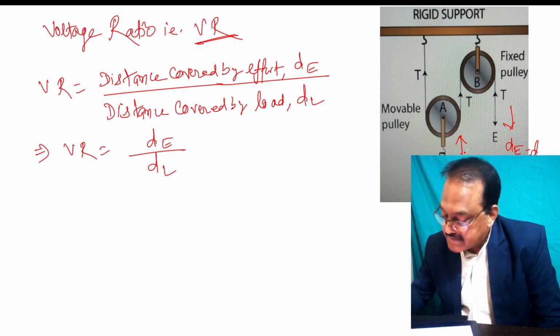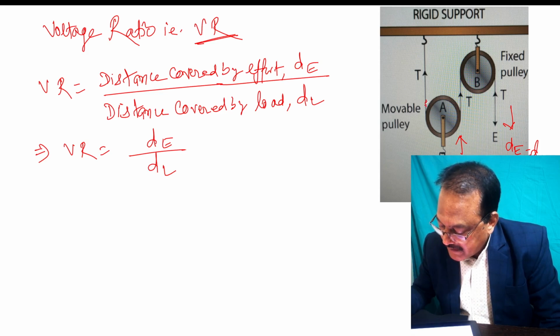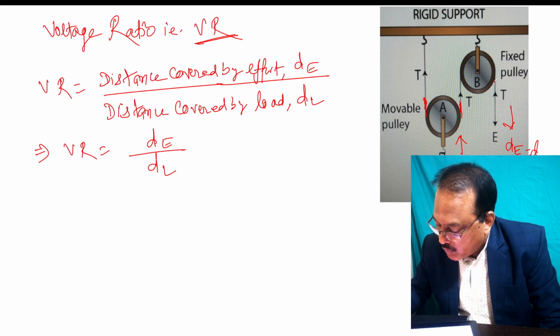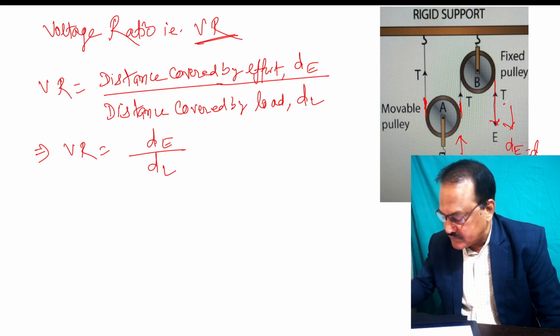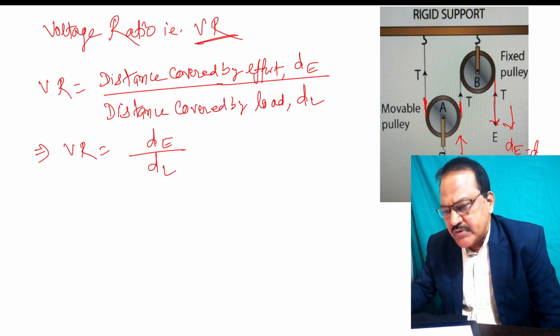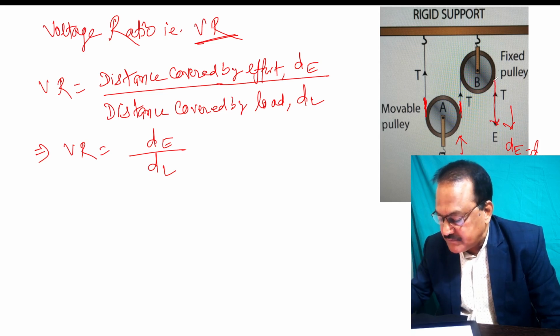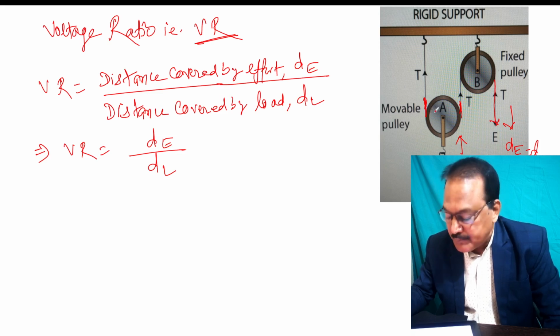See, the segment of this string is distributed on both sides, the first end and the second end. When the force is applied in the downward direction here, this rope, or string, goes downward. The same length that is separated from this pulley is distributed on both sides of the movable pulley.